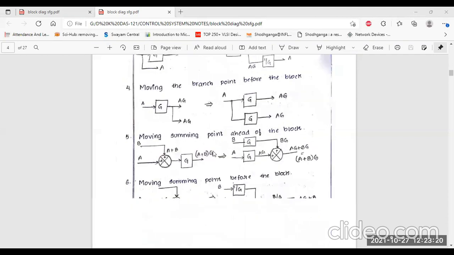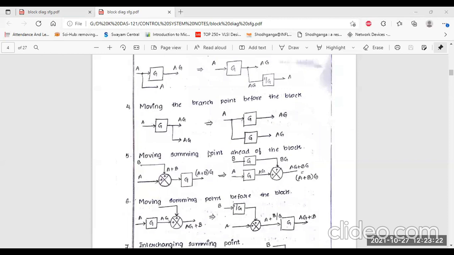Next, number 5, moving the summing point ahead of the block. Summing point, so please remember these things also, we discussed in previous slides. What is a summing point? Anyone please tell me what is a summing point?